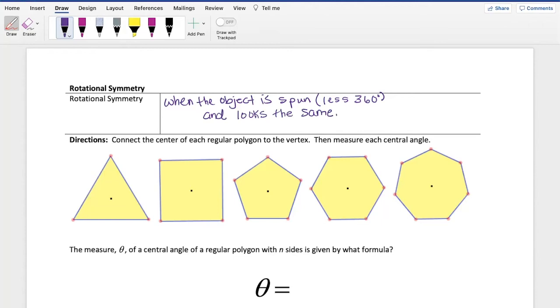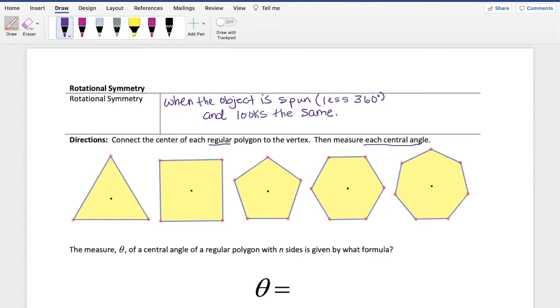And you're going to probably want a ruler out or use the edge of your protractor here to make nice straight lines. I'm going to try my best. We're going to connect the center of each regular polygon, and notice we're only working with regular polygons here. And then we're also going to take a look at the measure of each central angle.